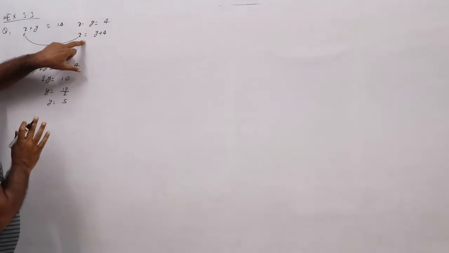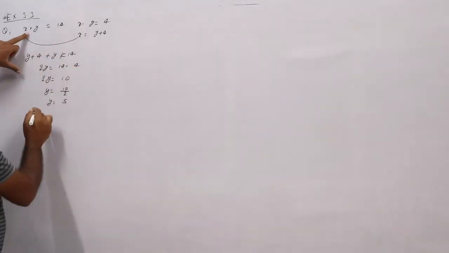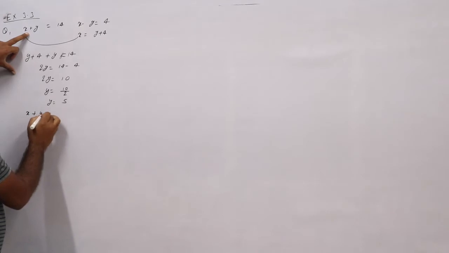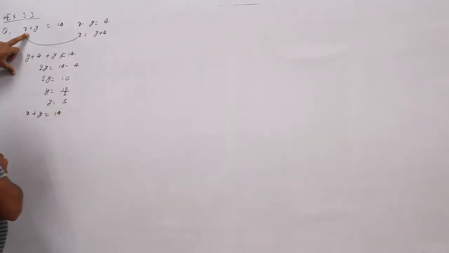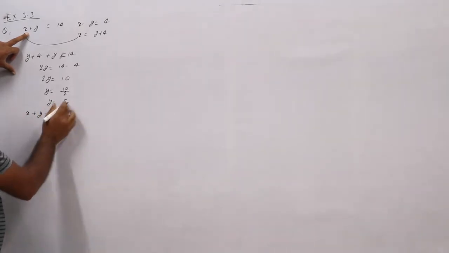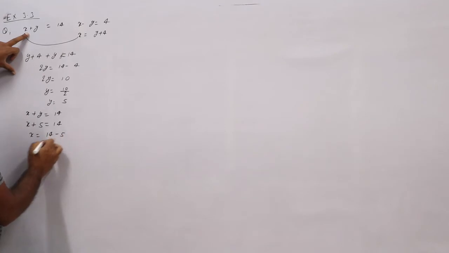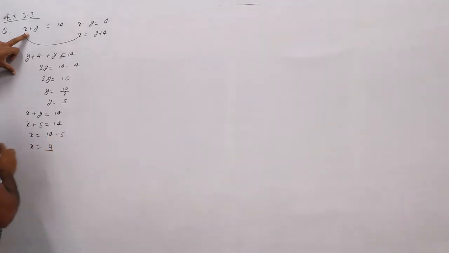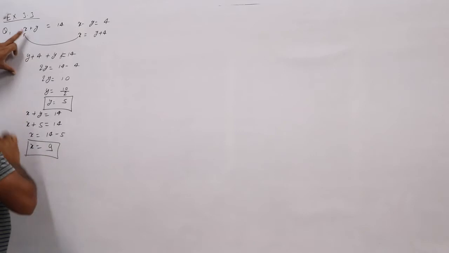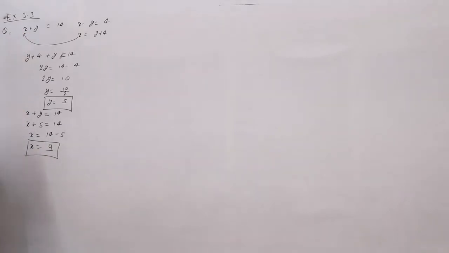I am putting it here: x plus y is equal to 14, y is equal to 5, so x plus 5 is equal to 14. X is equal to 14 minus 5, x is equal to 9. So we get the value of x and the value of y. Understood?